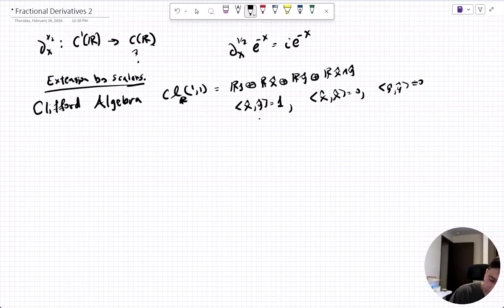So in other words, the metric from the Clifford algebra is given by that. In particular, x squared is equal to 0, y squared is equal to 0, xy plus yx is equal to 1.